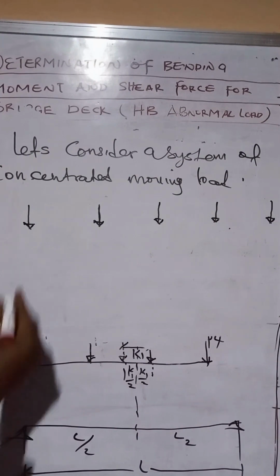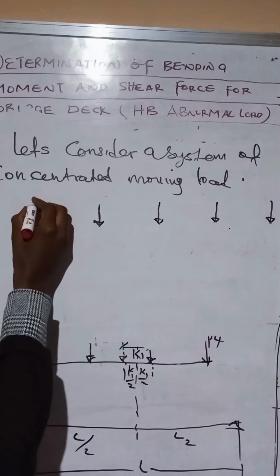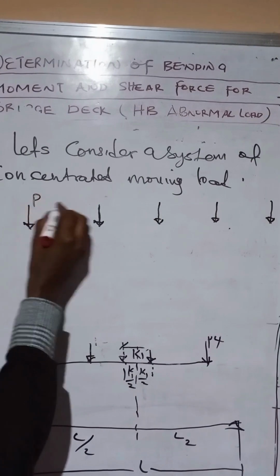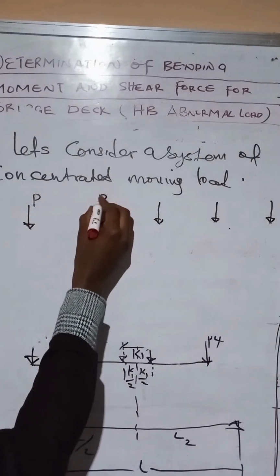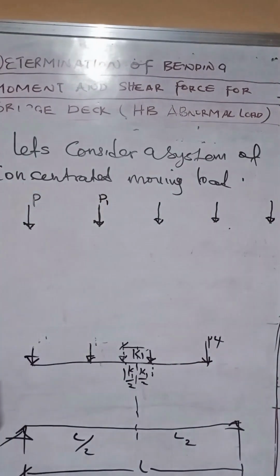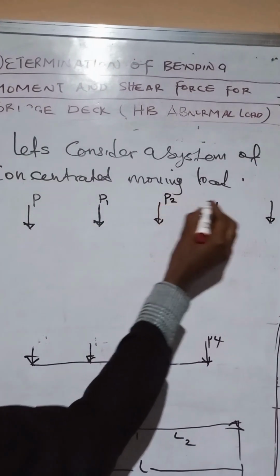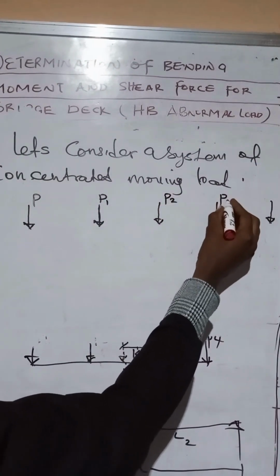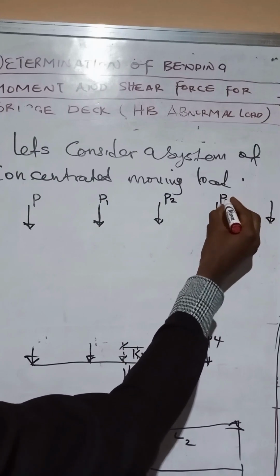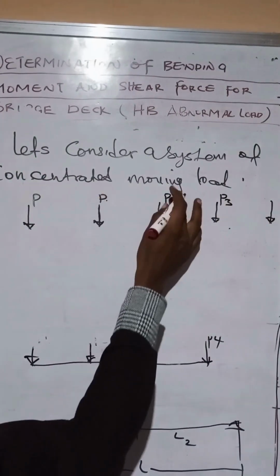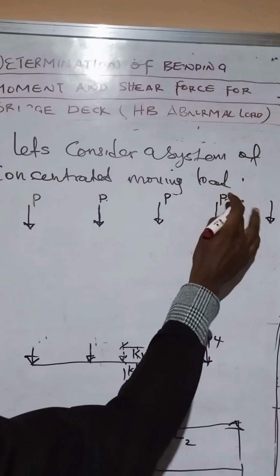And now let's assume that we have these loads to be P. Let's call it P1 just for the purpose of explanation, and let's call it P2, P3. Sorry, let's just name it again.